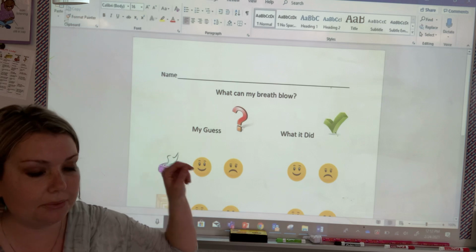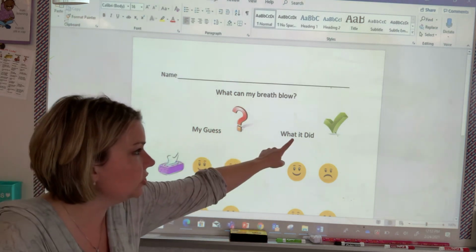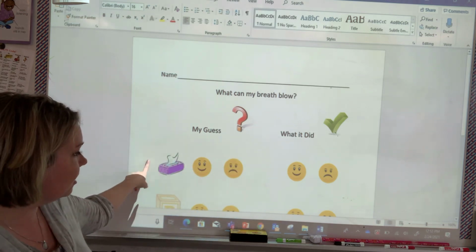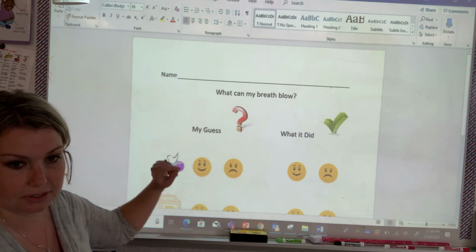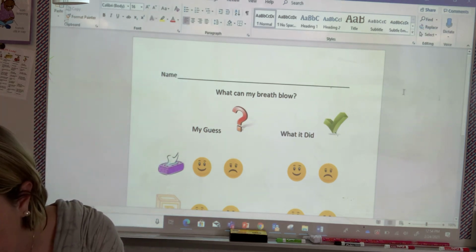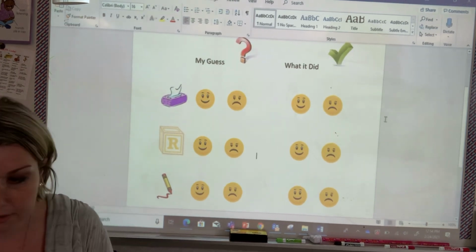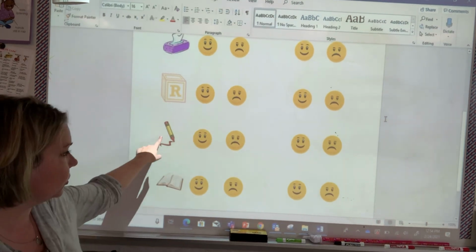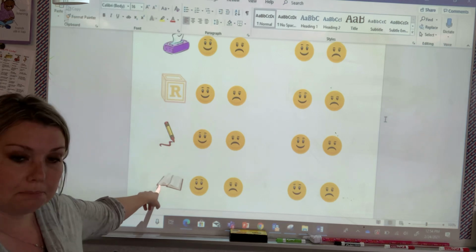Well, actually, what I would do first is I would put a question mark and a check mark at the top. And then over to the side, draw your tissue. Then draw a square for a block. You can try to draw a crayon or a pencil, a book.